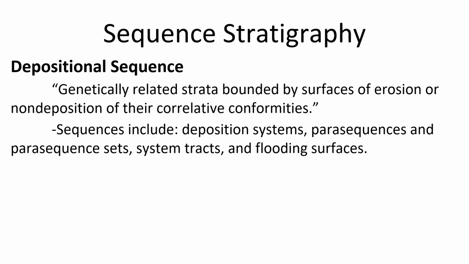Parasequence sets, which are how parasequences are stacked over time and space. System tracts, which are collections of parasequence sets and facies. And flooding surfaces, which indicate the relative placement of some of our sequence boundaries. I know this is a lot of vocab, but we're going to go through these step by step.